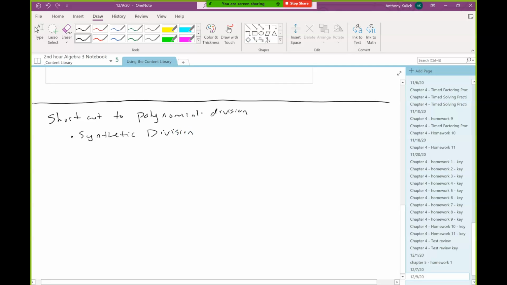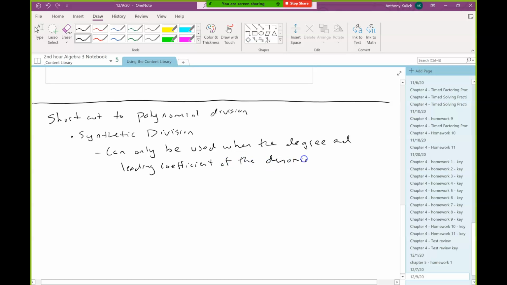And like all shortcuts, we can't use it all the time. So we can only do synthetic division when both the degree and the leading coefficient of the denominator are 1.